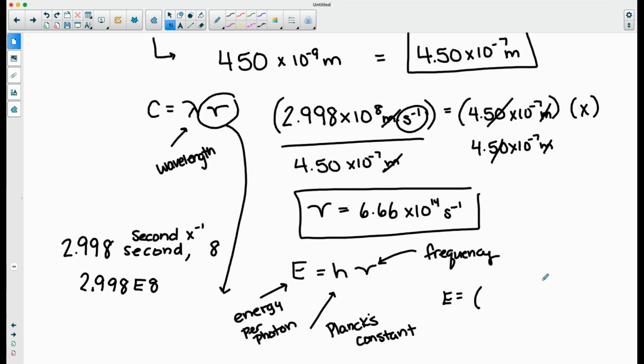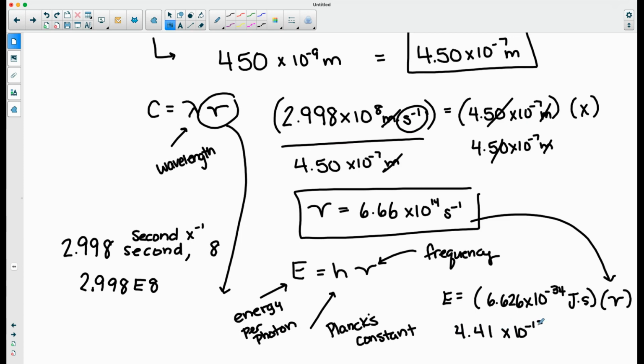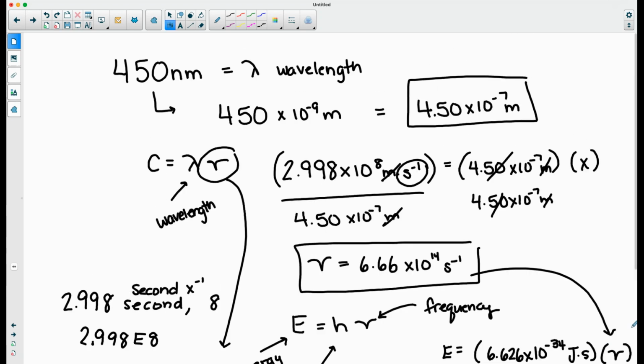Look for that on your formula sheet. So I'm going to take that number in my calculator, that is my nu, and I'm going to multiply by 6.626 times 10 to the negative 34. And I get my E value per photon of 4.41 times 10 to the negative 19 joules. That's per photon of this color of light.